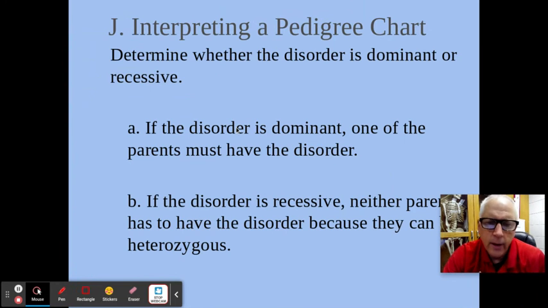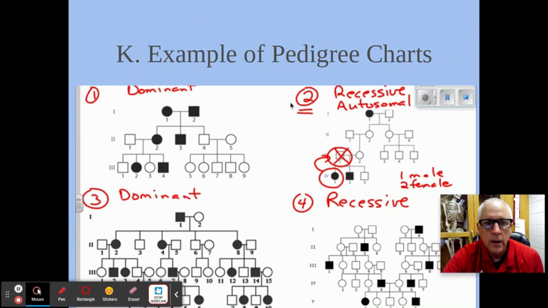You also can tell if it's dominant or recessive. If it's dominant, then one of the parents must have the disorder. If the disorder is recessive, then maybe neither one of the parents has it, okay? So I got a couple examples here. This would be a dominant one because both parents have it, and they're going to pass it on to the majority of their kids. You can see that down here in a bigger pedigree.